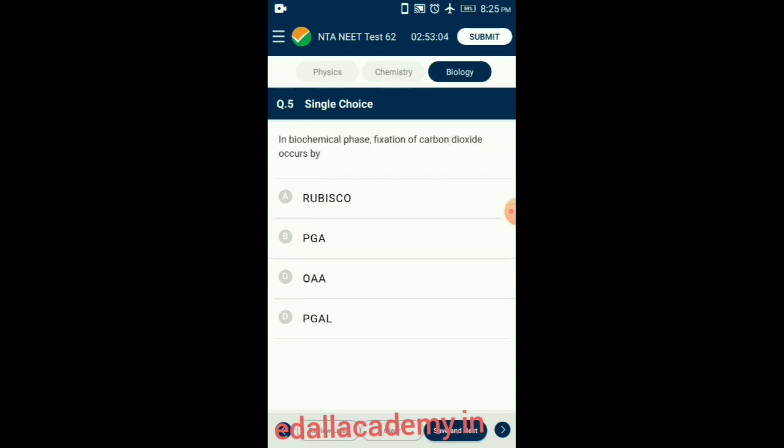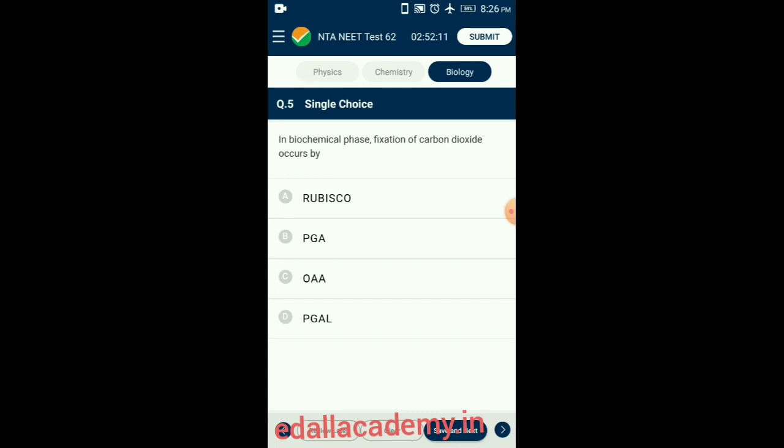Question number 5. In biochemical phase, fixation of carbon dioxide occurs by. In the biochemical, that is the dark phase, a 5-carbon sugar ribulose 1,5-bisphosphate, RuBP, acts as the carbon dioxide acceptor. Ribulose bisphosphate carboxylase, that is Rubisco, forms 6-carbon molecules of an extremely unstable compound.